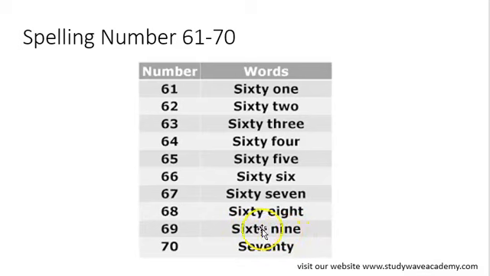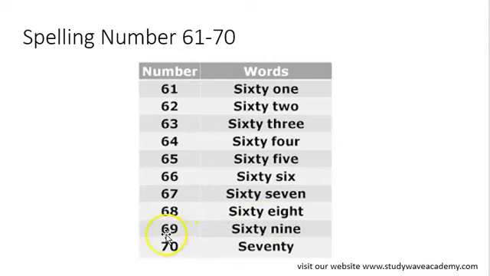We spelled 60 and 9 together. Should we spell it again? Okay. SIXTYNINE, 69. Okay?